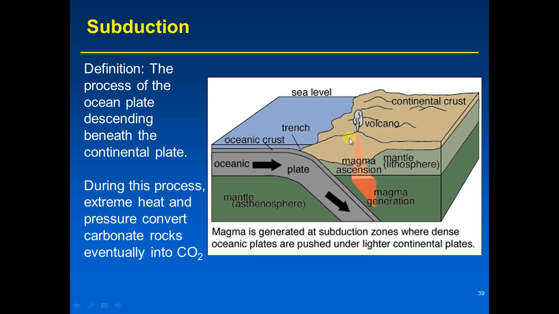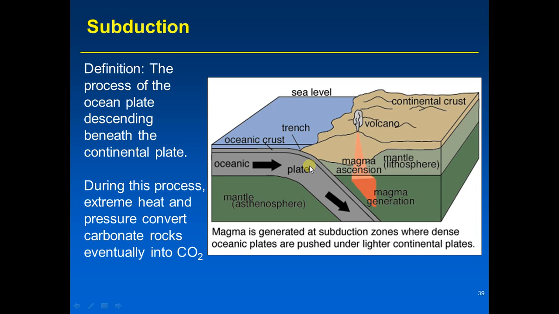And when the volcano erupts, carbon in the solid earth, carbonate rocks, can then turn into carbon dioxide, because remember, volcanoes release carbon dioxide. So it's actually common to see volcanoes downwind or downwards of a subduction zone.